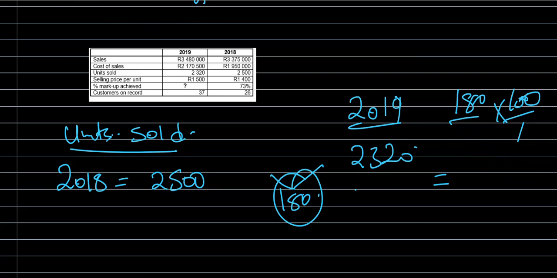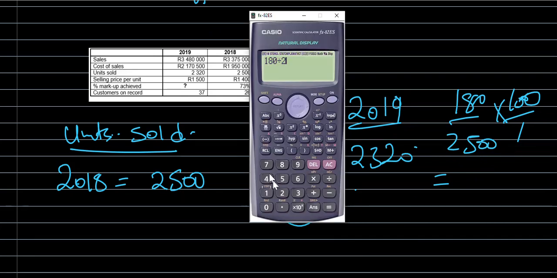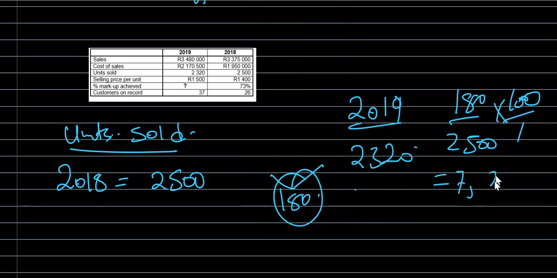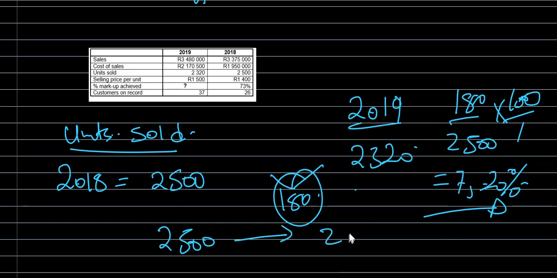So it's going to be 2,500. And now we times this by 100. 7.2%. So this is the percentage decrease from last year. Because remember, 2,500 to 2320.